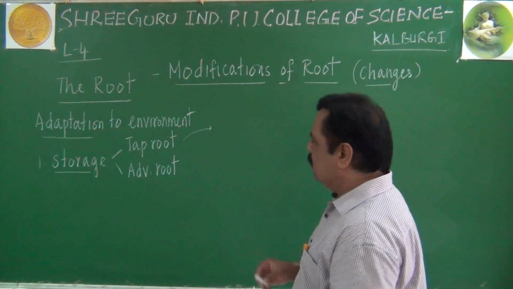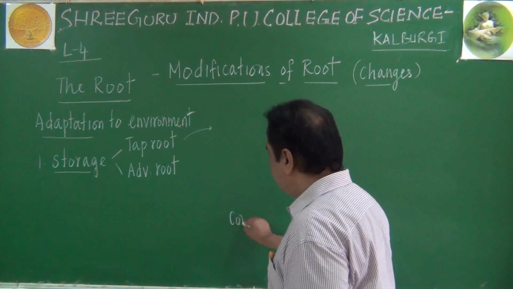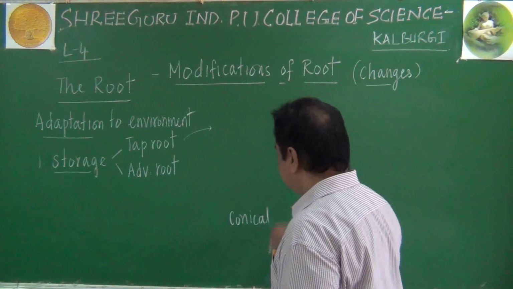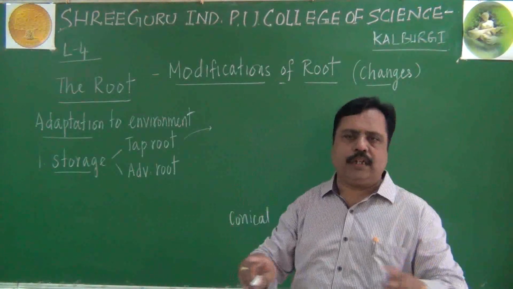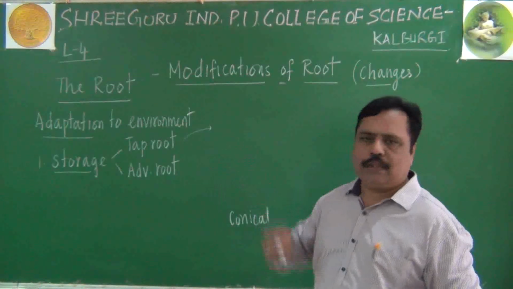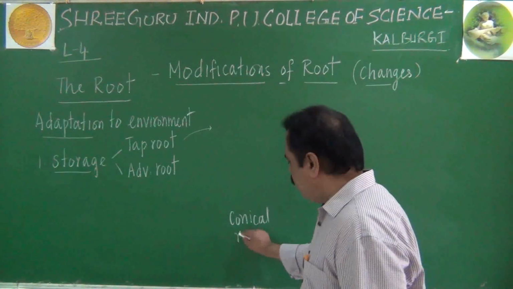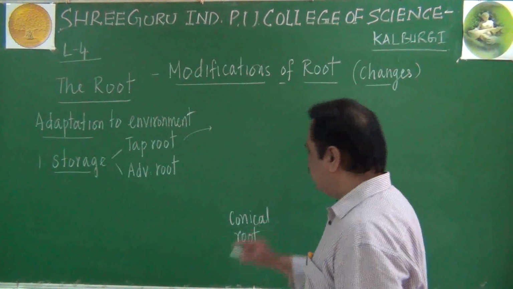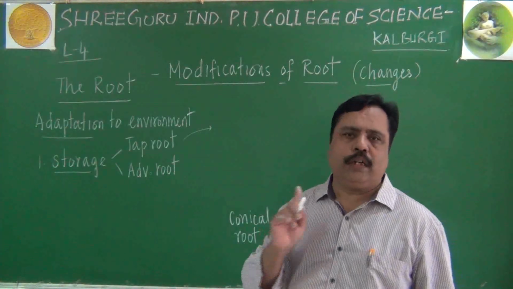Please listen here. There is a condition called conical root we have to see. In the practical classes, you will be observing charts and seeing the diagrams of this. I will draw the diagram here. One type of root modification for the purpose of storage is called conical root.